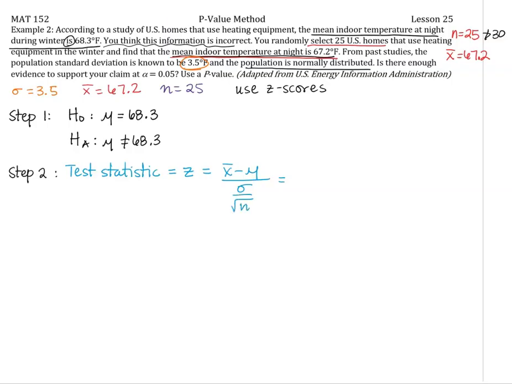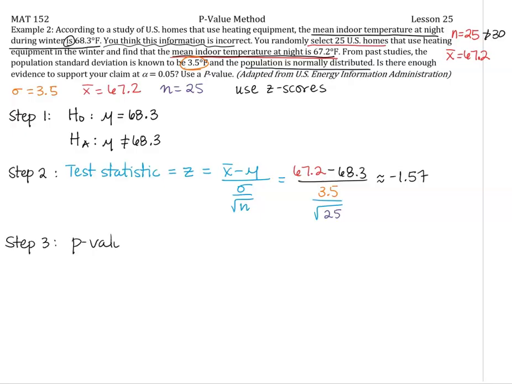X bar is 67.2. Mu is what's showing up in the hypotheses, that's 68.3. Sigma was given to us as 3.5, and all of this is divided by the square root of n, which is 25. And this comes out to be about negative 1.57.